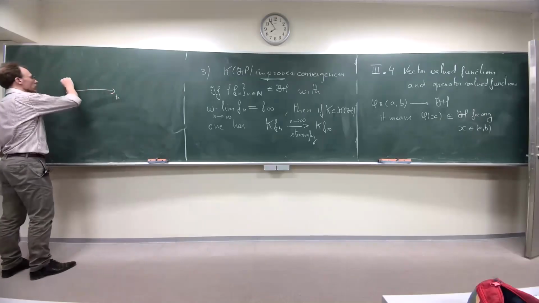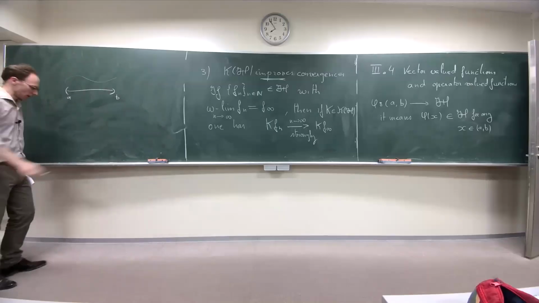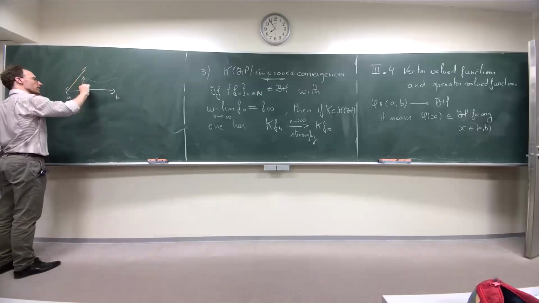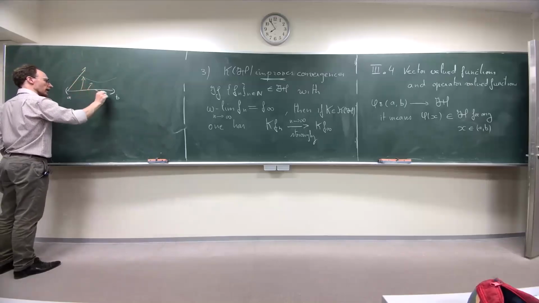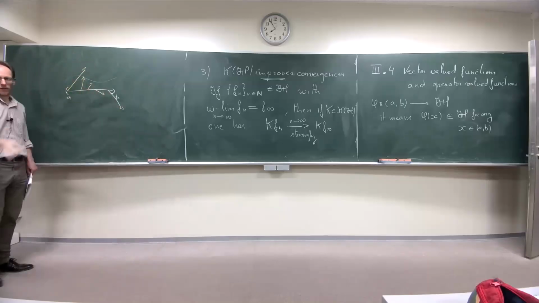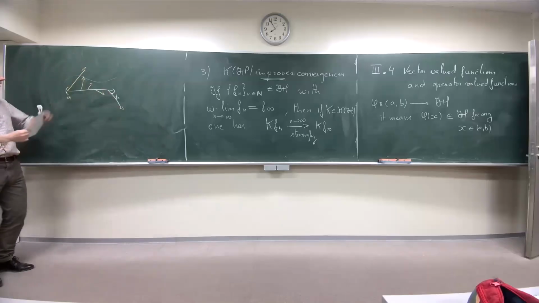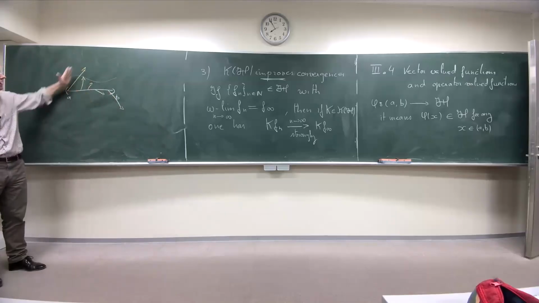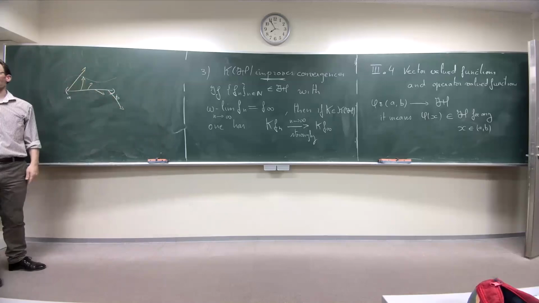A usual function, you associate a real number. Now, a vector valued function, you associate a vector. At every point, you associate a vector, all right? At this point, and it evolves when you move on AB. Then, instead of having a vector, you can think about this as an element of the Hilbert space.